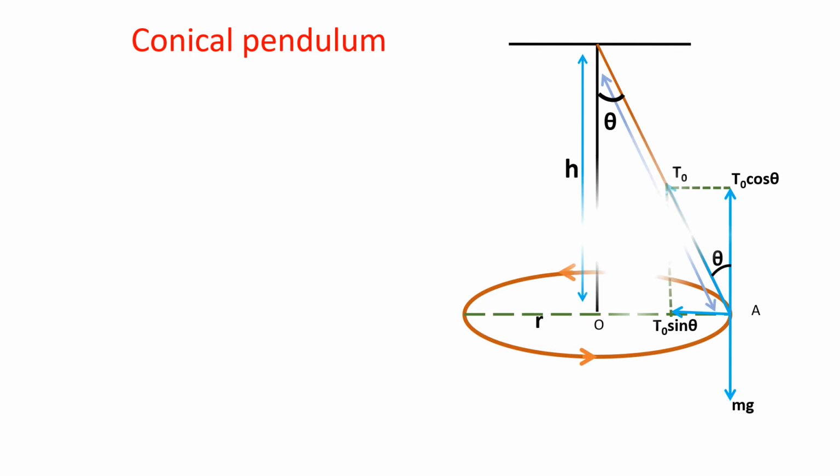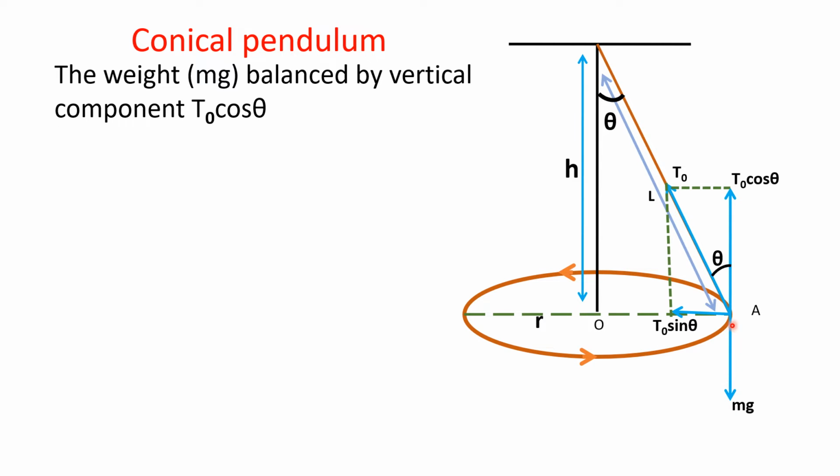From the vector diagram of a conical pendulum, it is found that mg, which is directed downward, balances the vertical component of tension T0 along the string, that is T0 cos theta, and we can write equation 1 as T0 cos theta is equal to mg.